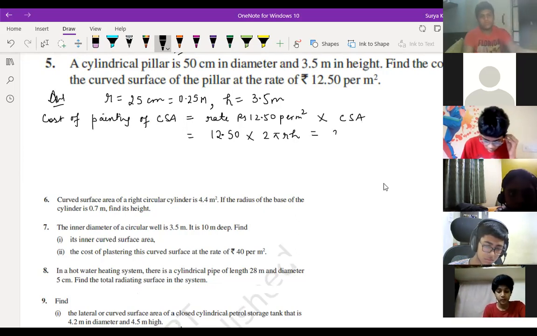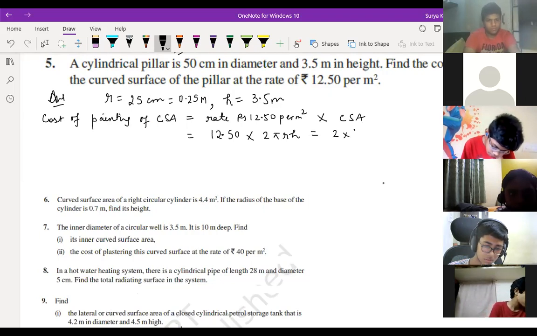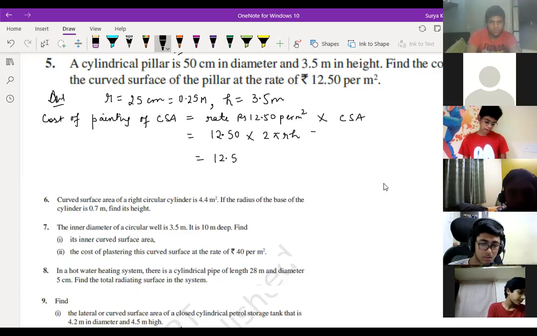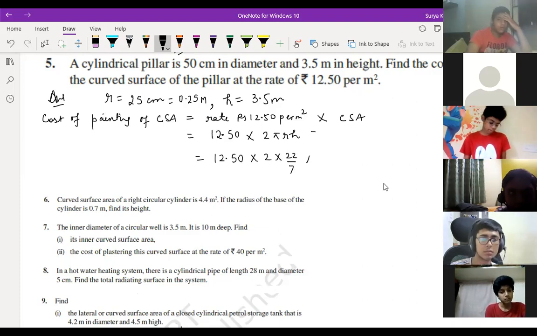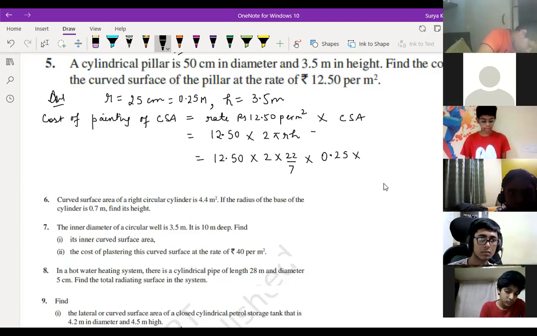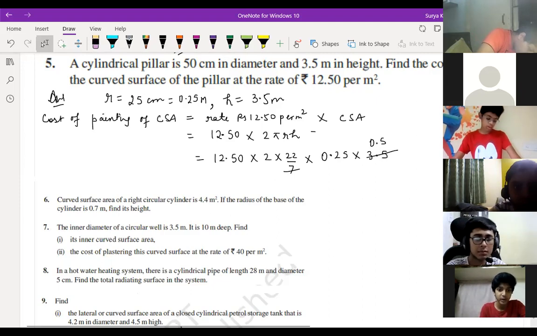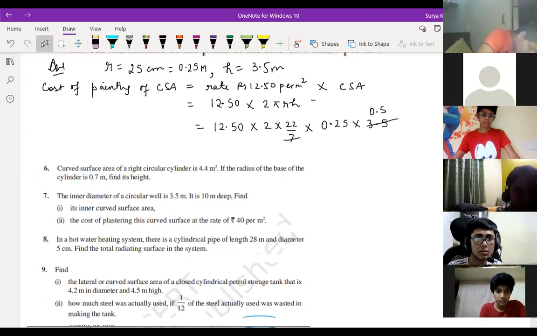Again, I can write here 12.50 multiply by 2 into 22 by 7 into radius 0.25 into height 3.5. So 7, you can write here 0.5, correct? 11 by 2. Answer is 11 by 2.